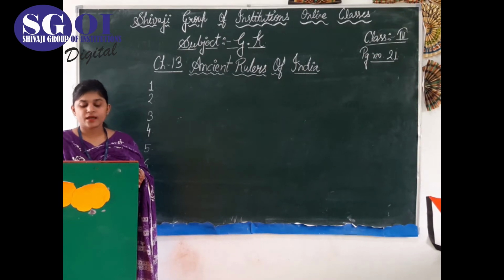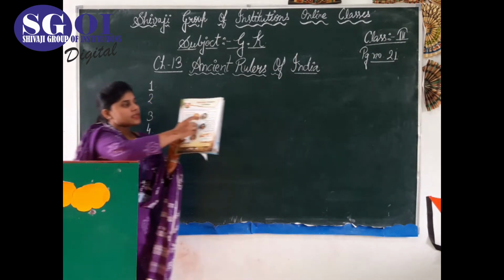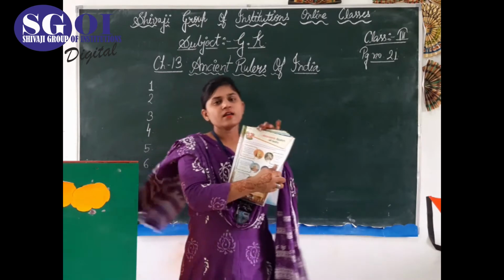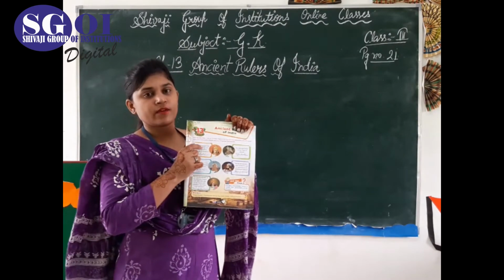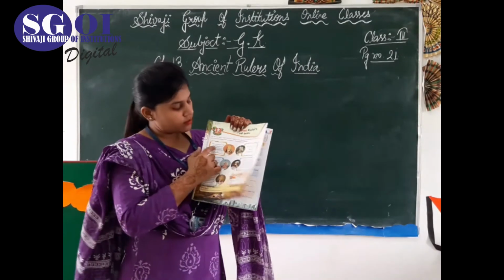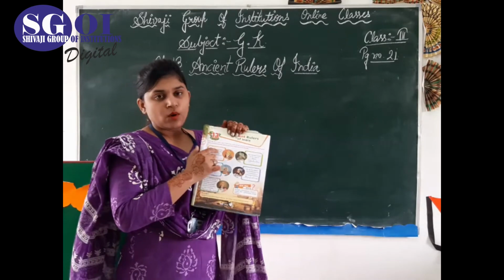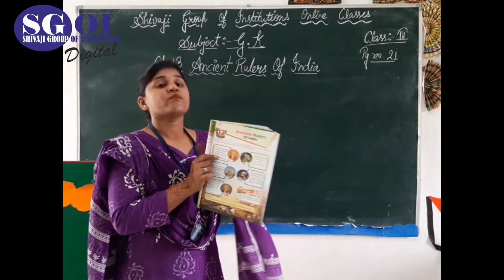Identify them by taking help from the hints. Some pictures are given and the hint is also given. Identify the picture and write the warrior's name.